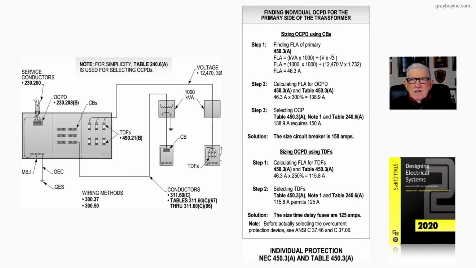Now, that's exactly what this figure 20-7 is illustrating. Determining overcurrent devices using fuses or circuit breakers based upon individual protection of the transformer. Now, to protect our conductors, which we'll get into later, we have to go to Article 240. This is something that we really want to remember.